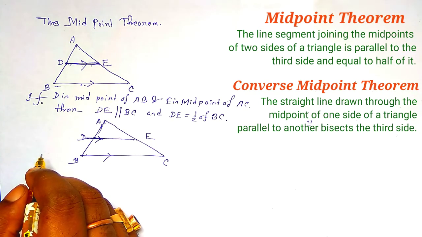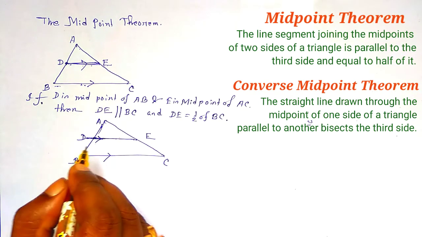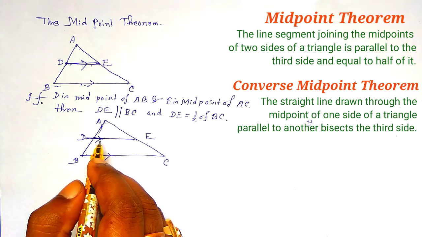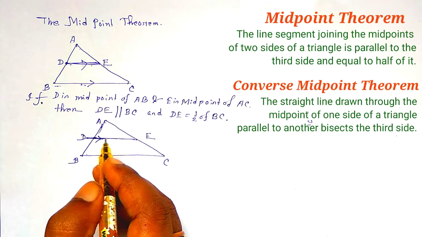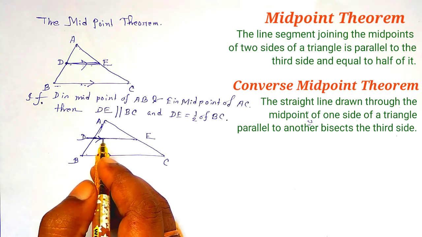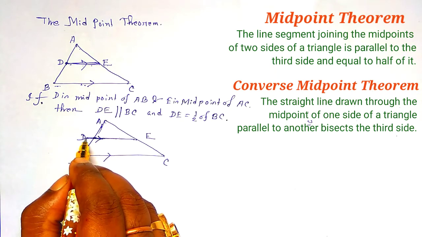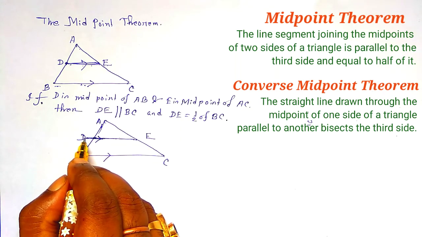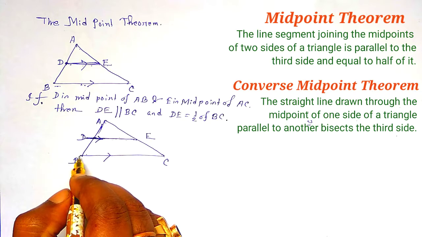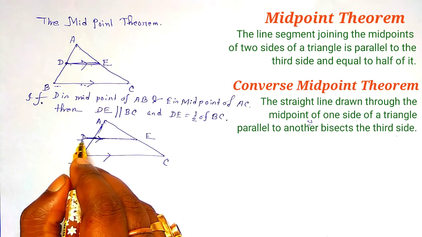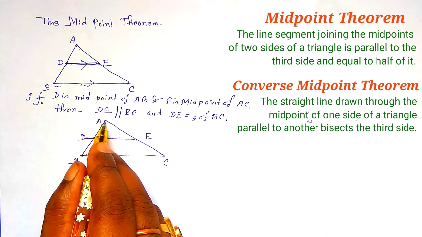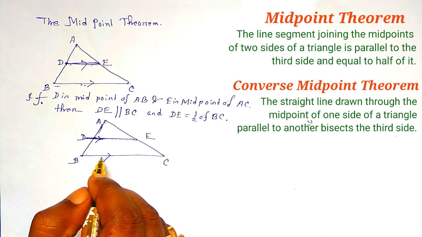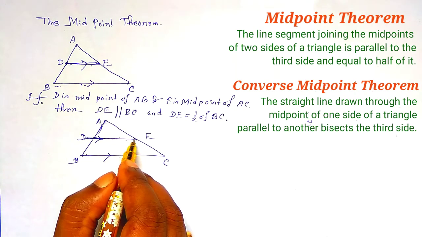The line drawn through the midpoint of one side. See, in theorem 8.10, that's why it is written there, the line drawn through the midpoint of one side of a triangle, here D is the midpoint, one side means here AB, and parallel to the other side BC, bisects AC.